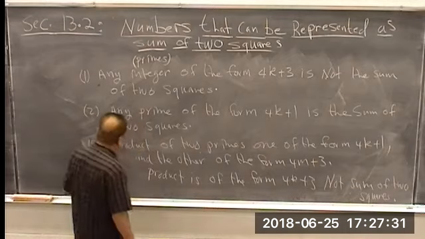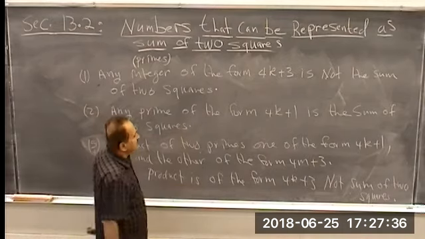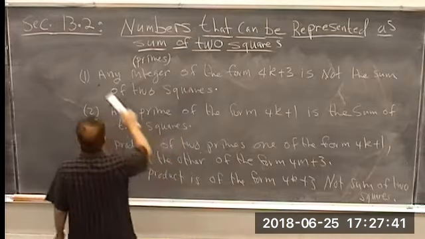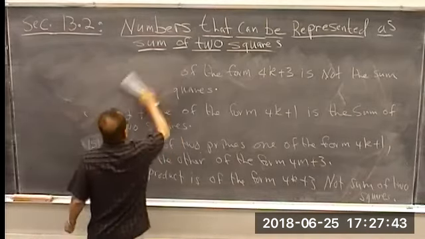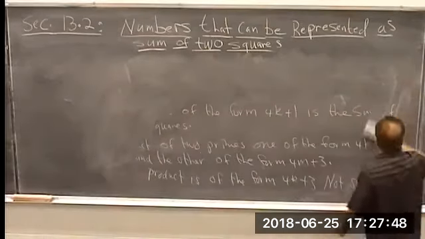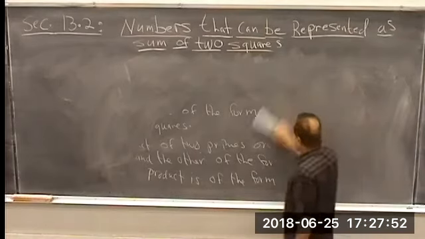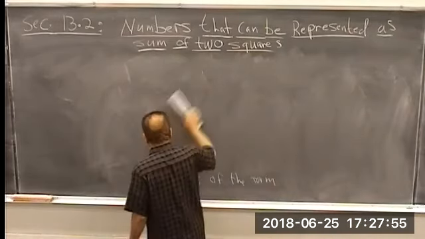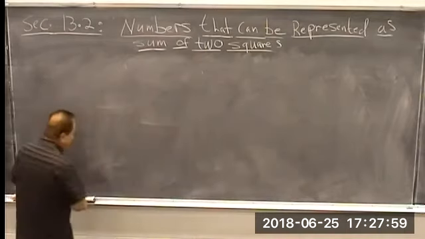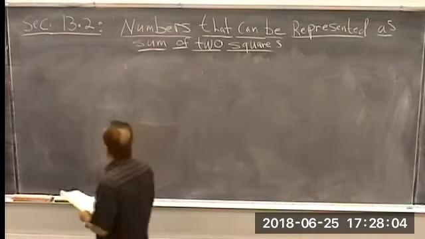Well, this actually leads to the following theorem. I hope this discussion illustrates where we're going. The aim is to give a complete characterization of the integers that are sums of two squares. So this is the main theorem, and I'm going to state it in two different ways.